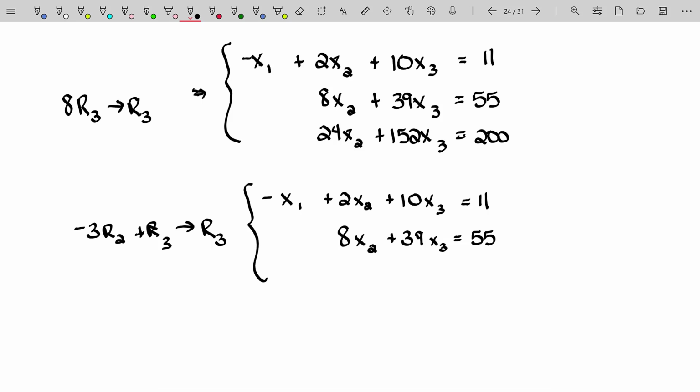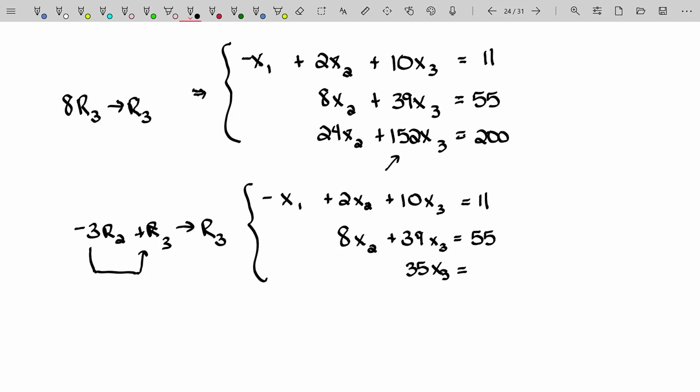I am just going to say my mathematics out loud. So let's see, -3 times row 2 plus row 3. So -3 times 8 is -24 x sub 2, and we're adding it to this 24 x sub 2. They kill each other off by design. -3 times 39 is going to be -117, and then adding back 152 because of this guy, we will get 35 x sub 3.